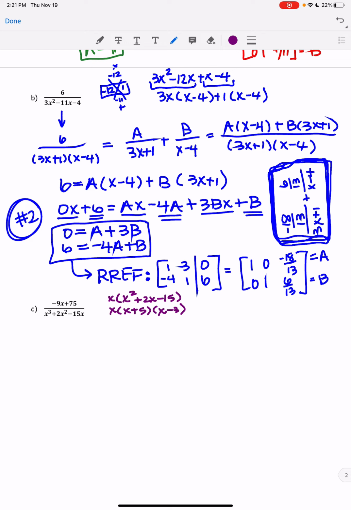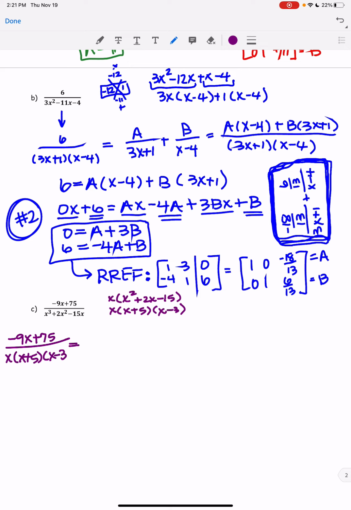So this becomes negative 9x plus 75, and I need to scoot this over. Negative 9x plus 75 all over x times x plus 5, x minus 3.